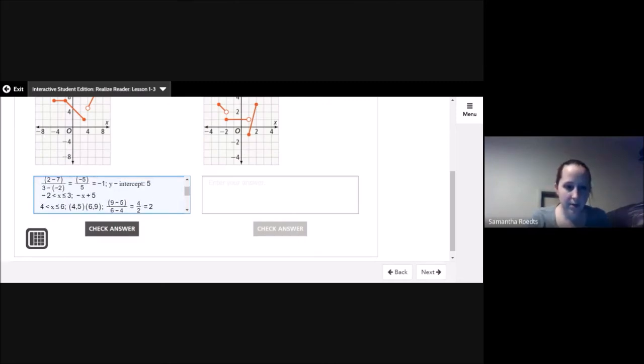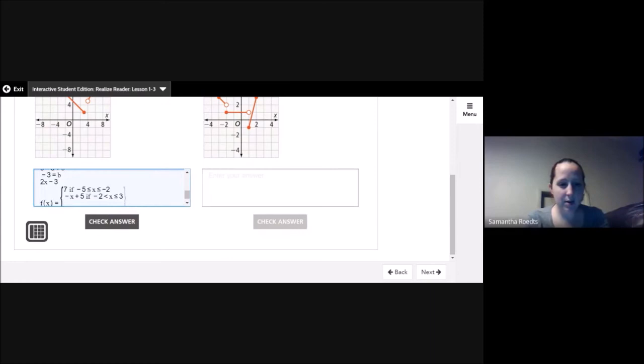Remember that one was up here. And then my last one is 2x minus 3 if 4 is less than x, less than or equal to 6.